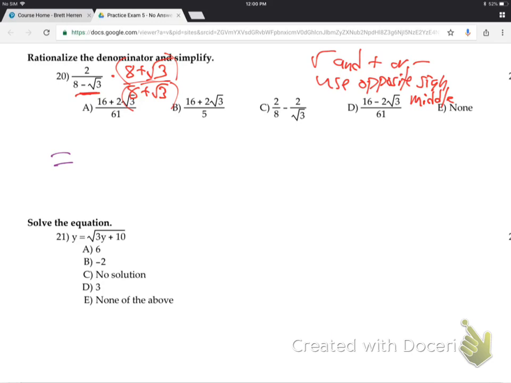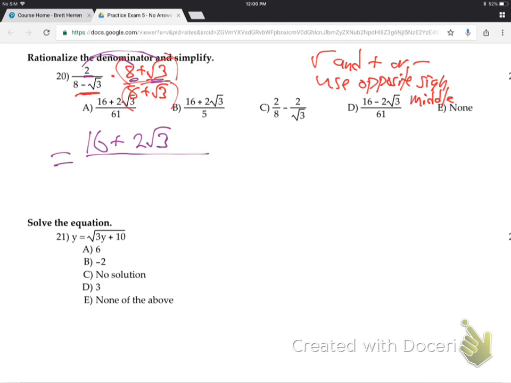You'll see why. So the 2 goes boom and boom on the top. Now remember, outsiders with outsiders, insiders with insiders, no crossing the line. So 2 times 8 is 16, plus, and then 2 times root 3, the 2 stays outside, the 3 stays inside, right? On the bottom, we're going to do the same kind of thing.